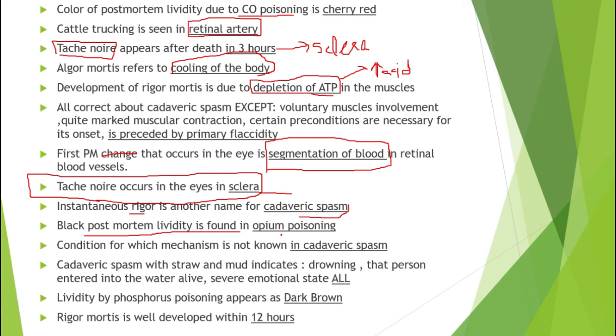Yes, brick red. The condition for which the mechanism is not completely understood is cadaveric spasm. Cadaveric spasm with straw and mud indicates drowning, that the person entered the water alive, or a severe emotional state, or it indicates all. And the lividity in phosphorus poisoning appears as dark brown. And the last MCQ concerning these topics is that rigor mortis is well developed within 12 hours.